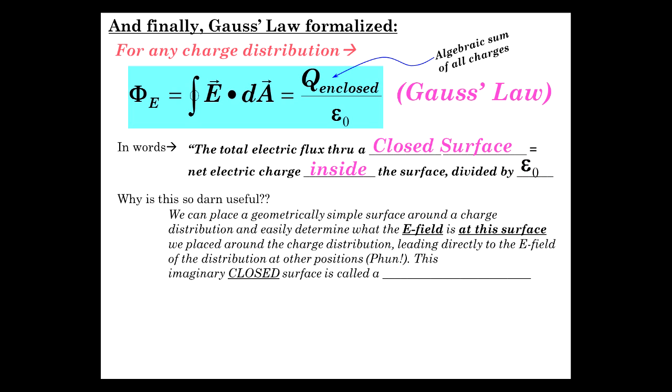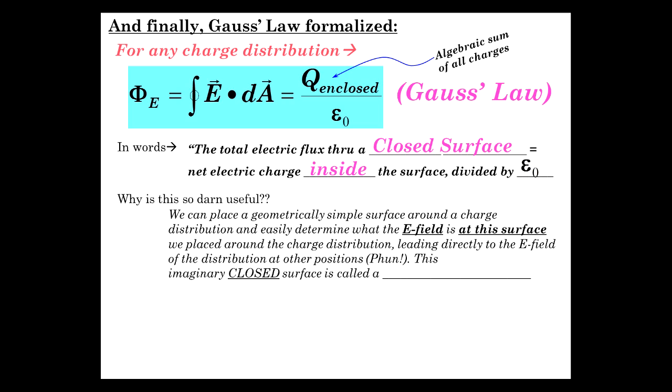And the reason this is so wonderful in our analysis is because we can take a simple geometry and put it around a charge distribution, determine what the electric field is at that surface, and then extend that to other regions of space around it, what the electric field there is as well. And we'll stick with the simple, because in complex situations like potatoes, we have a very complex integral that we can't do very simply at all.